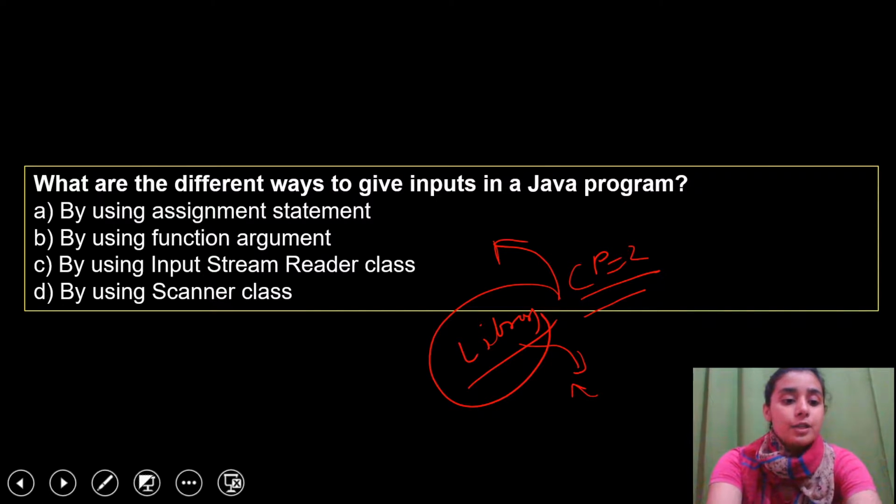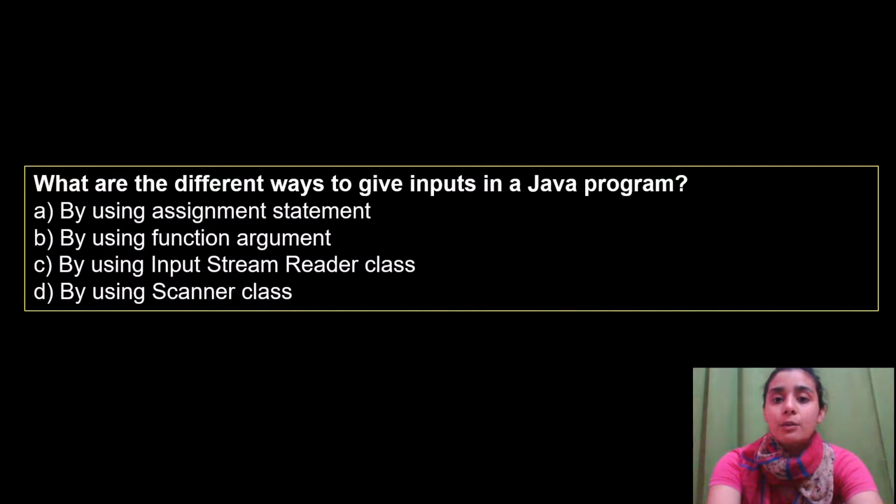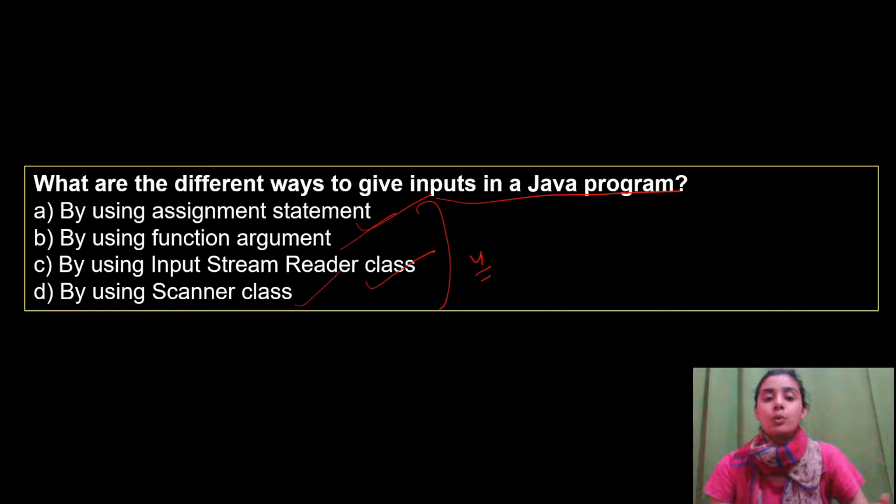So here, if I talk about how we can give input in a Java program, how many ways are there? As you know, we can do it with the assignment statement, with the function argument, with the input stream reader and with the scanner class. These four ways are there through which we can give input in a Java program.